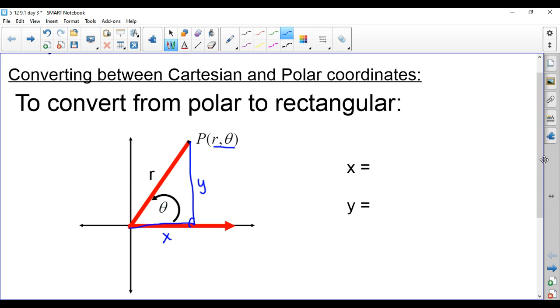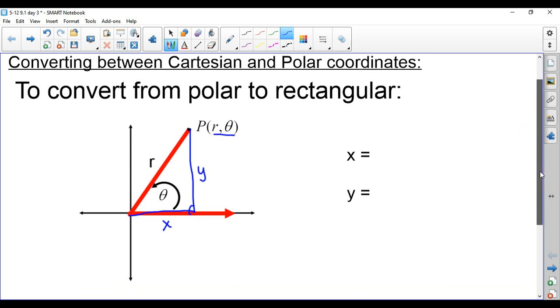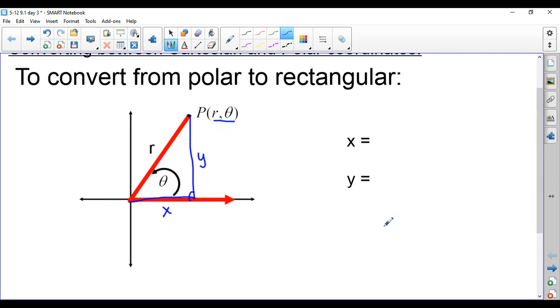This should look similar to some of the things that we did in chapter 6 with unit circle trig. So here, I want to find a way to write the name of this coordinate in x and y coordinates. So I want to know what this x length is. I know r and theta, and I want to find x. x is the side adjacent to theta in this right triangle, and r is the hypotenuse.